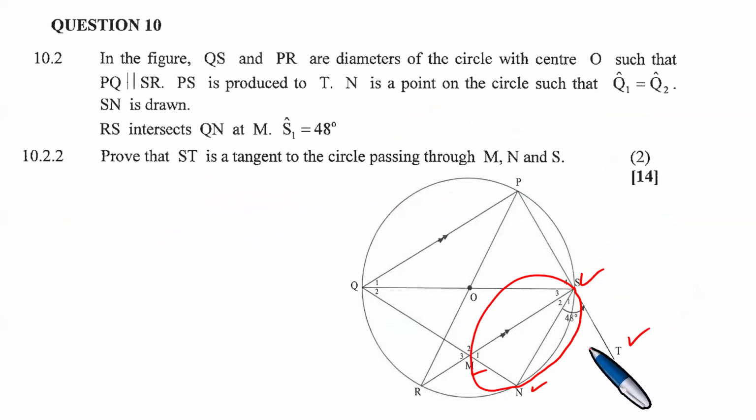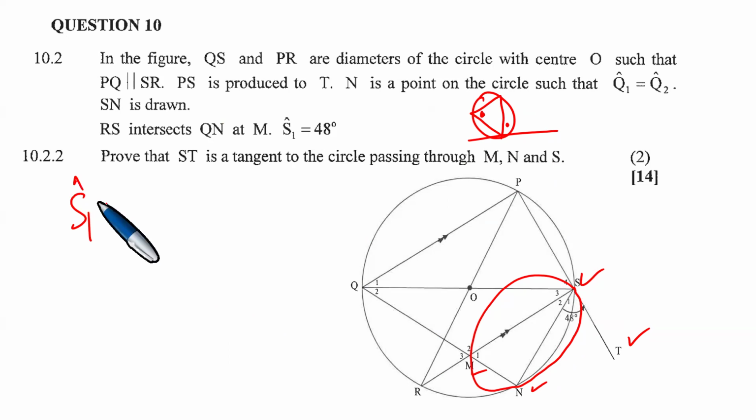To prove that ST is a tangent to that circle, we must prove one thing and one thing only: the tan-chord theorem. Demonstrate that the tan-chord theorem holds true, so that angle S1 here is equal to angle M1.